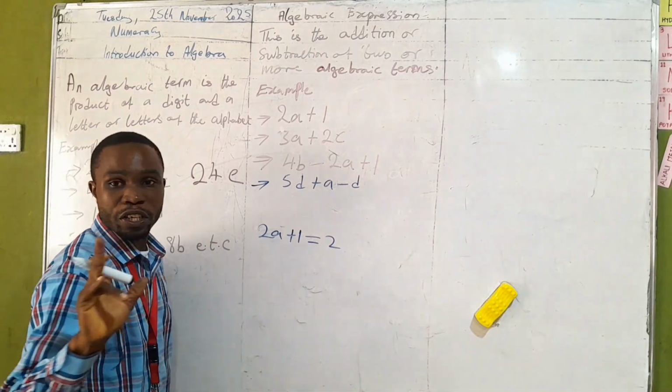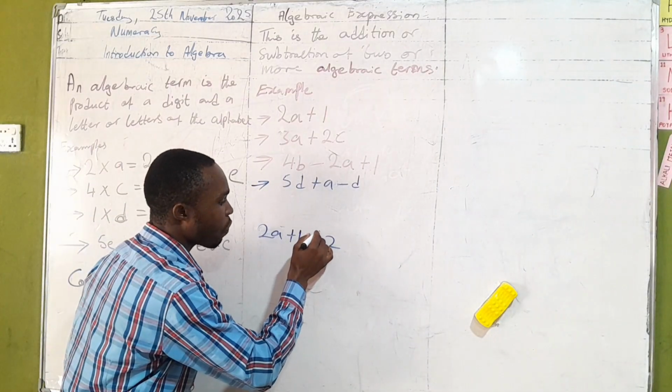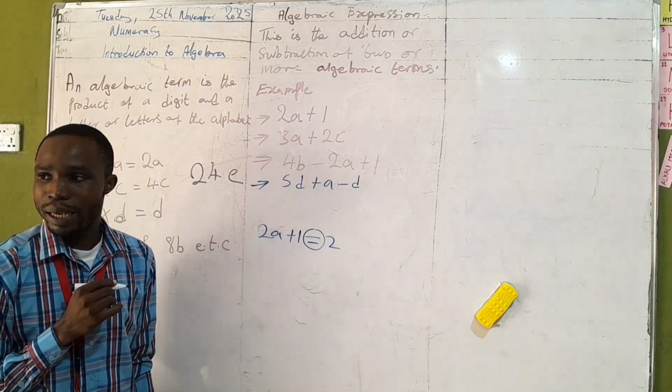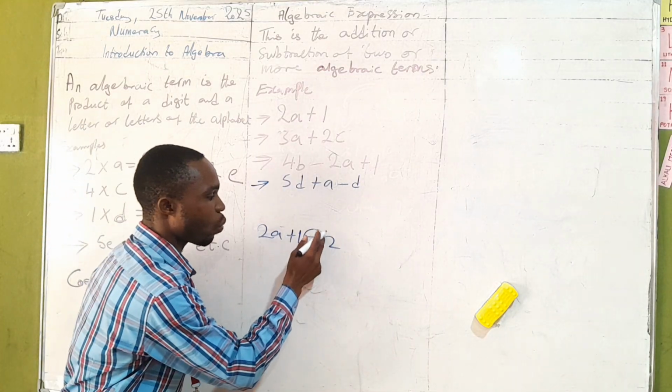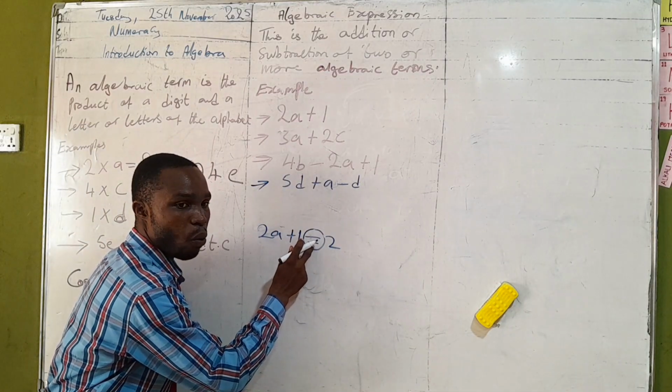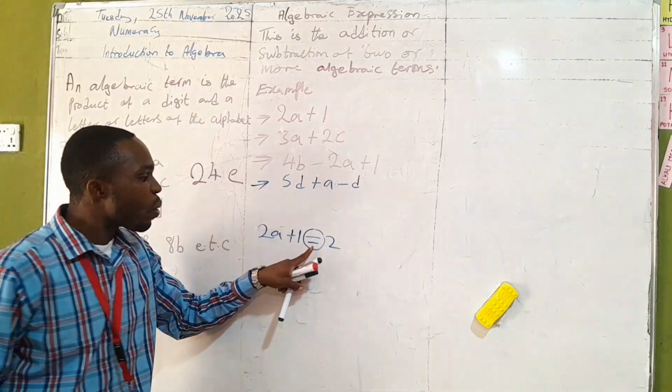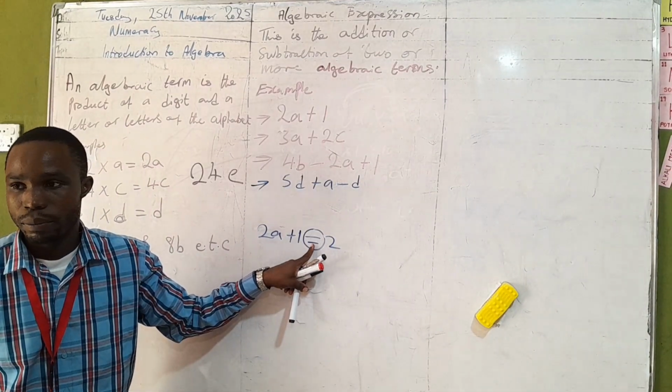This is an equation. Why? Because of this equality symbol. Is that taken? Yes. Because of this equality symbol, this becomes an equation. You will never see an equation without an equality sign.